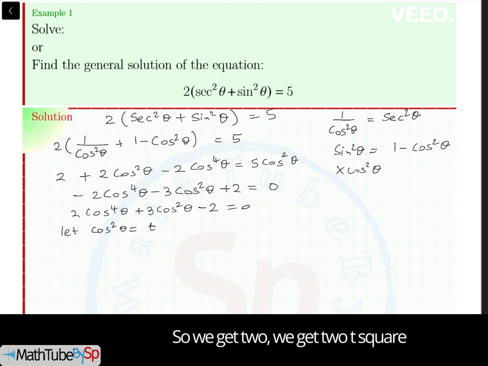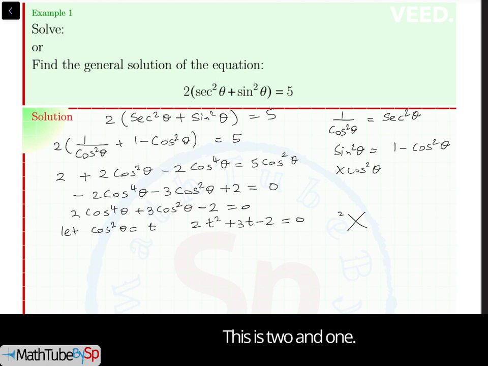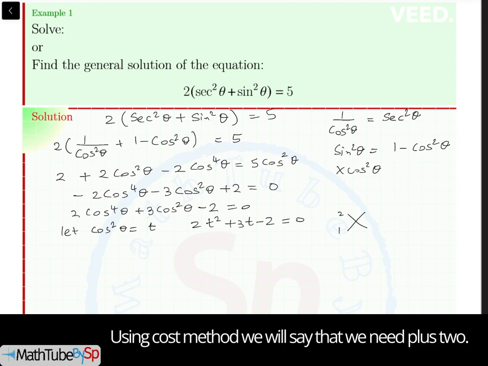So we get 2t square plus 3t minus 2 is equal to 0. Now let's try and find the factorization for this. This is 2 and 1 using the cross method.